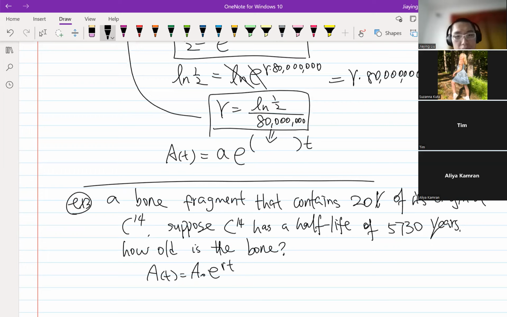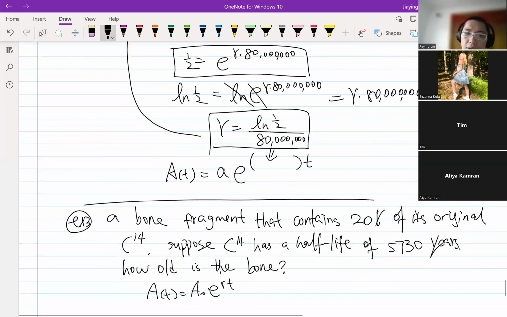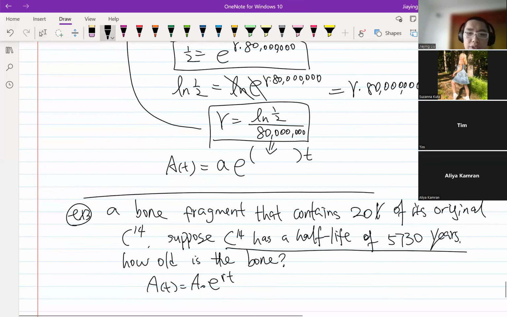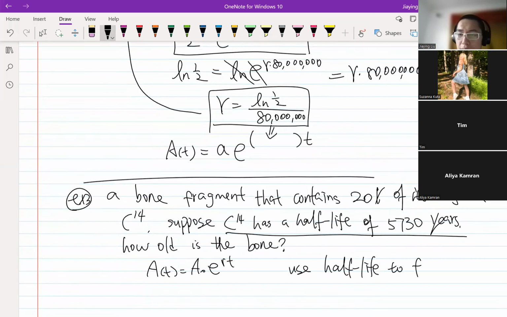I don't know the initial amount, but I do know that the half-life of carbon-14 is 5,730. So I'm going to use that information to find the decay rate first. Use half-life to find decay rate.